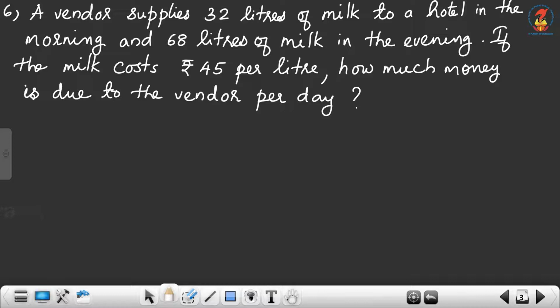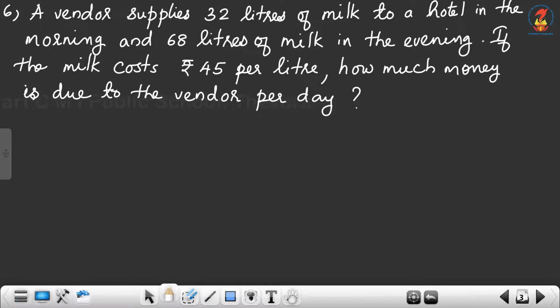Now, next question. A vendor supplies 32 liters of milk to a hotel in the morning and 68 liters of milk in the evening. If the milk costs rupees 45 per liter, how much money is due to the vendor per day? So, we have to find the total cost. Now, what is the quantity of milk supplied in the morning?